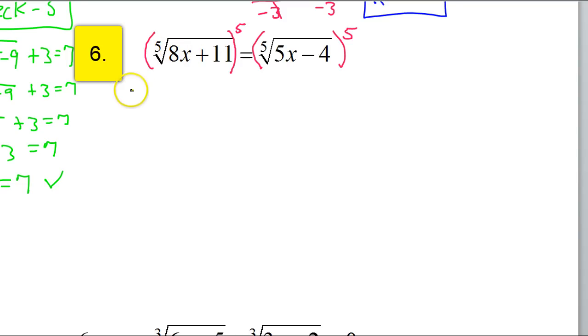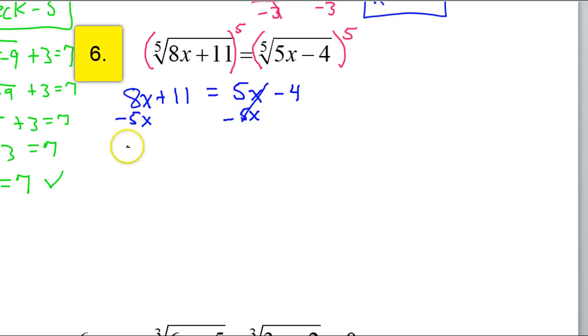So I will be left with 8x plus 11 is equal to 5x minus 4. So I just have to solve this equation. Well, let's get these x's together by subtracting 5x from both sides. Alright, so these will cancel out, and that will leave me with 3x plus 11 is equal to negative 4. Alright, got to get x by itself, so let's get rid of this 11.